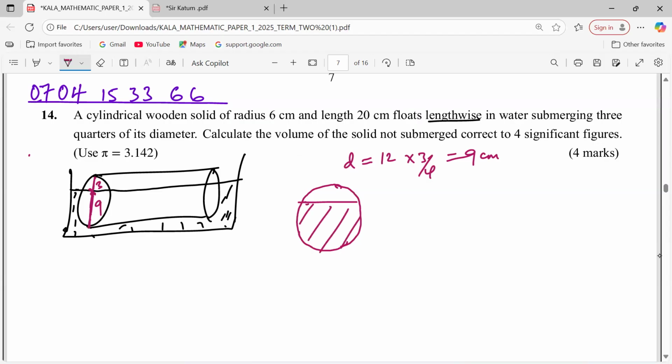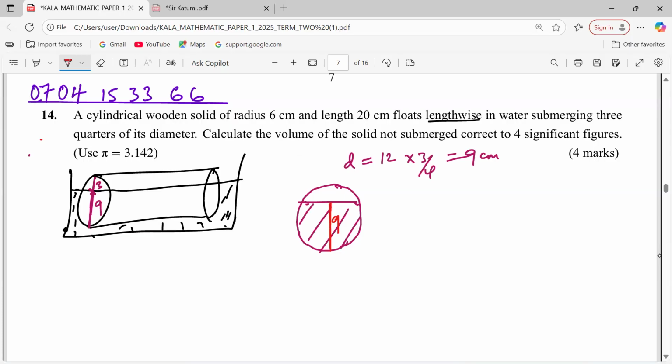The part is such that this is 9 already inside the water. So we need this other part, which is not inside the water.